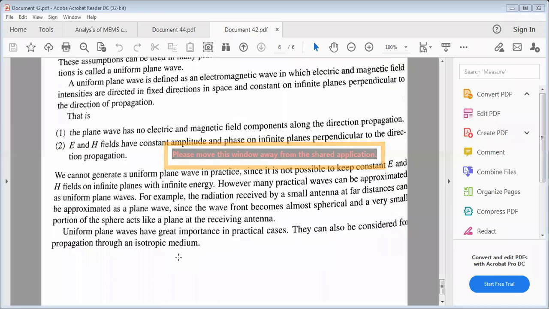Suppose the electric field component exists in the x direction and the magnetic field component exists in the y direction, then what is the direction of propagation? In which direction do they tend to move? The z direction. That is very simple.